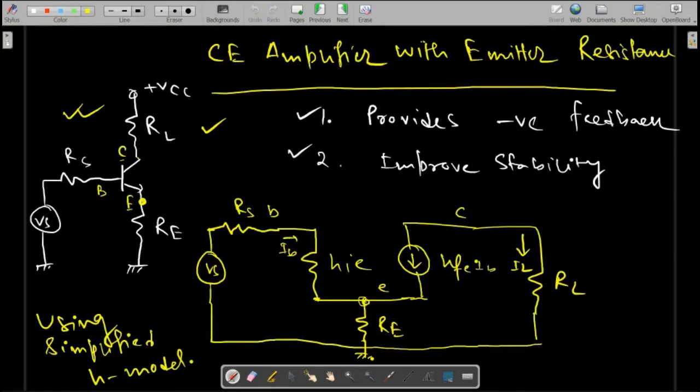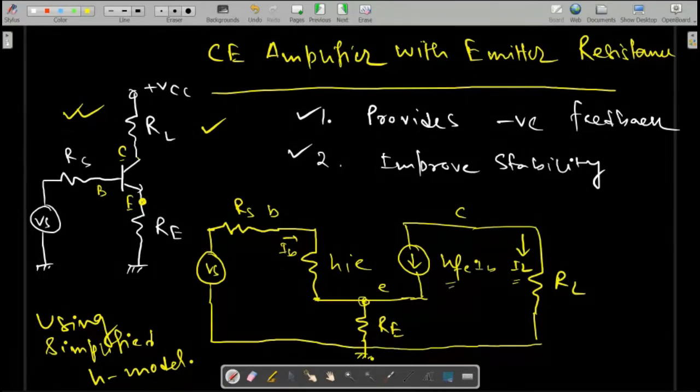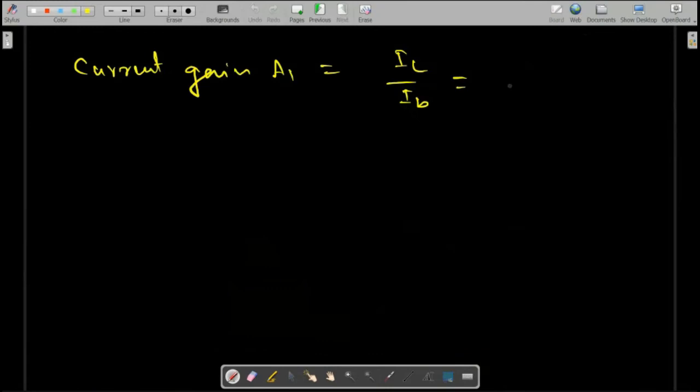Let us see how this current IL and HFE IB are related. Several times we derived that part. IL is minus of HFE times IB; they are the same, but the direction is opposite, so it is minus HFE.